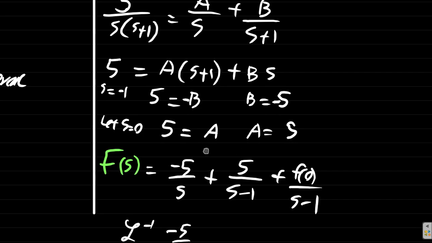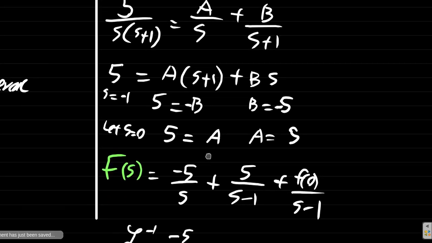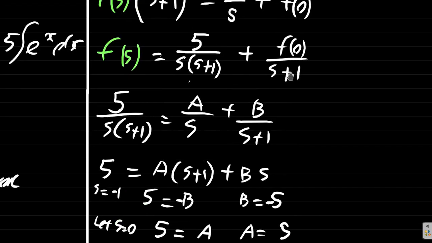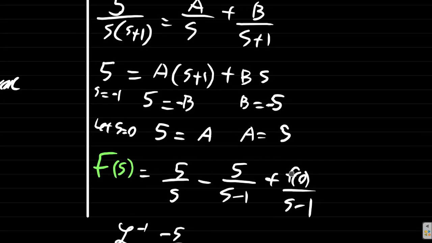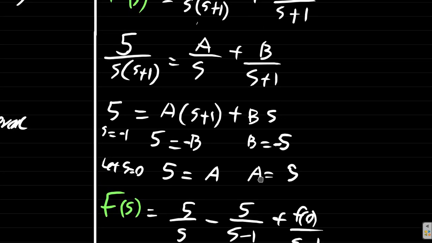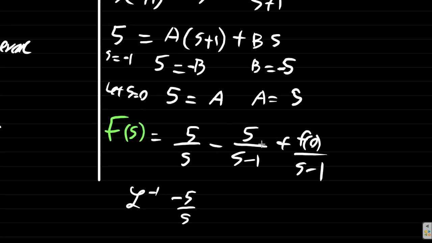So what we have now is A over s, so it would be positive 5 over s, plus B, which is negative 5 over s plus 1. But the fact that it will be plus negative means it's minus 5 over s plus 1, plus f of 0 over s plus 1.